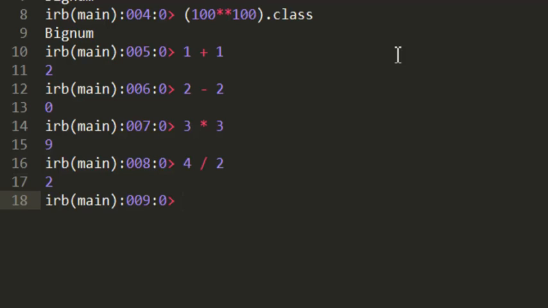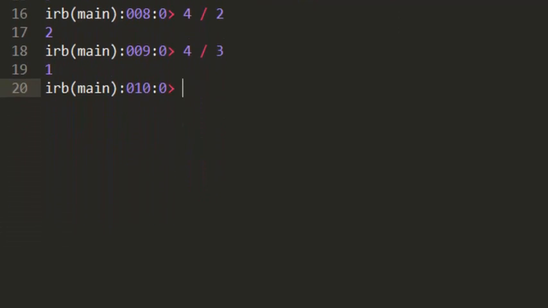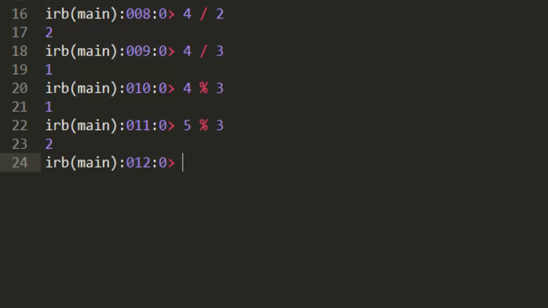So notice that 4 over 2 divides evenly, and 4 over 3 we get out a 1. So the remainder isn't shown, but we have modulo. So 4 modulo 3 is also 1. 5 modulo 3 is a 2. And we've seen exponentiation above already.